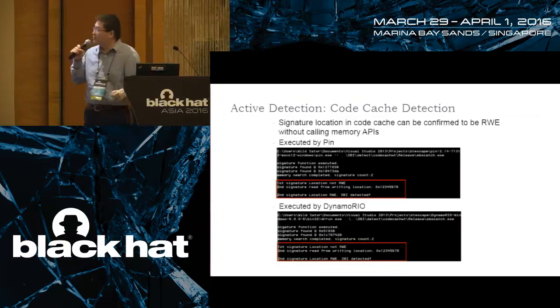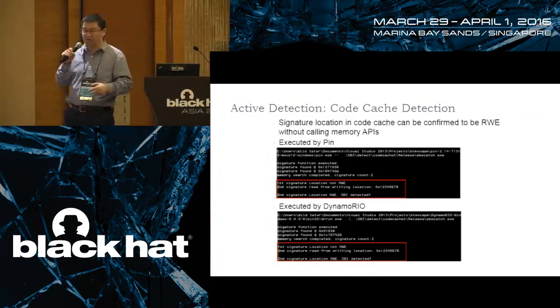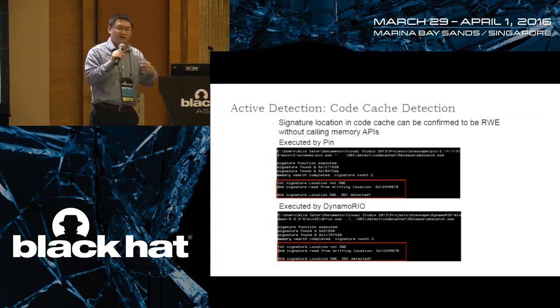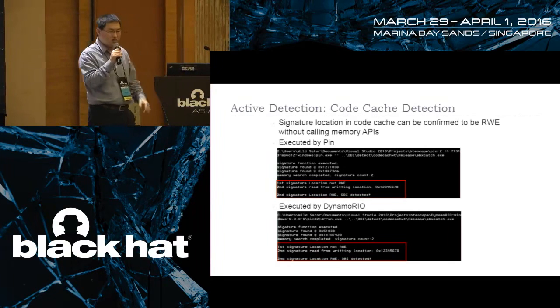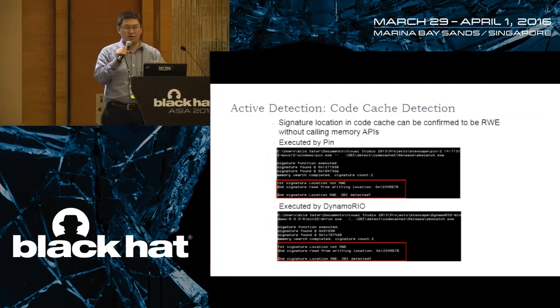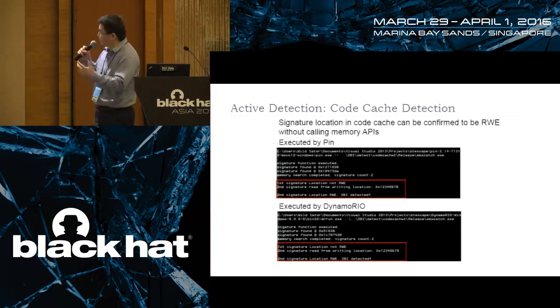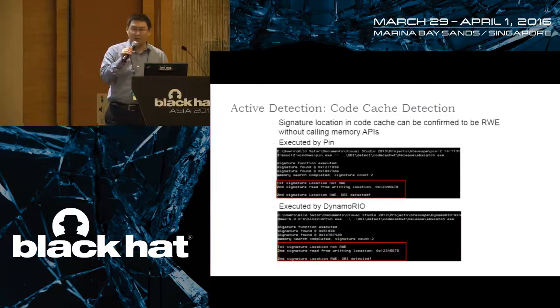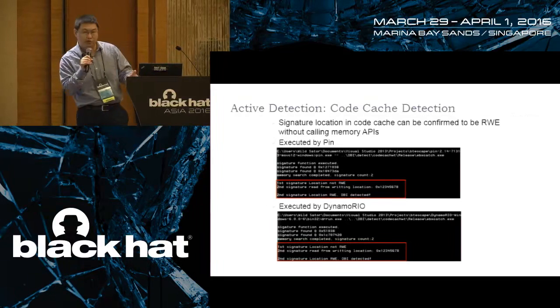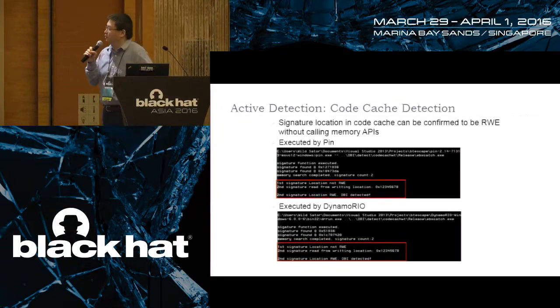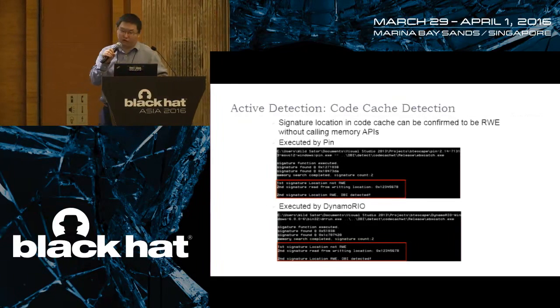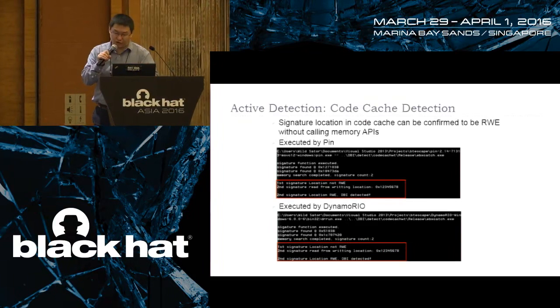For example, the easiest way is to try to modify the code. If you can modify the code and read back the same content as expected, of course that's writable. But the original code is not writable, because it's in the text section, which is read-executable only.